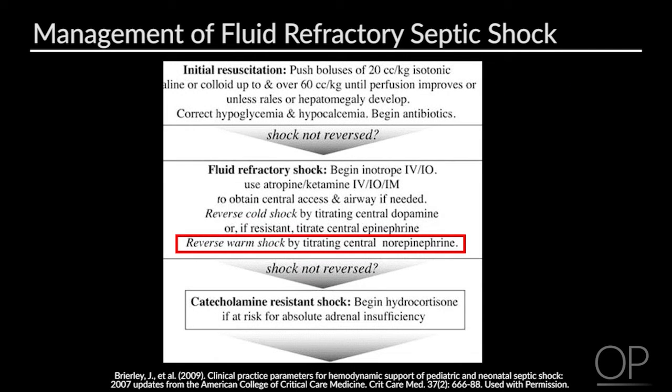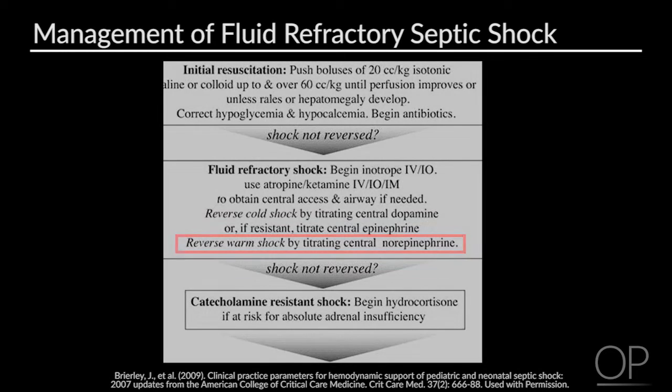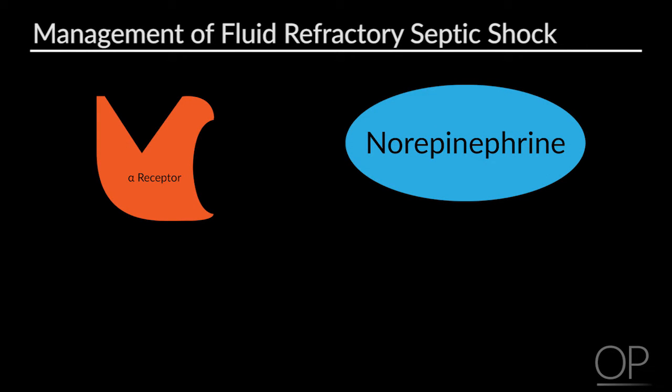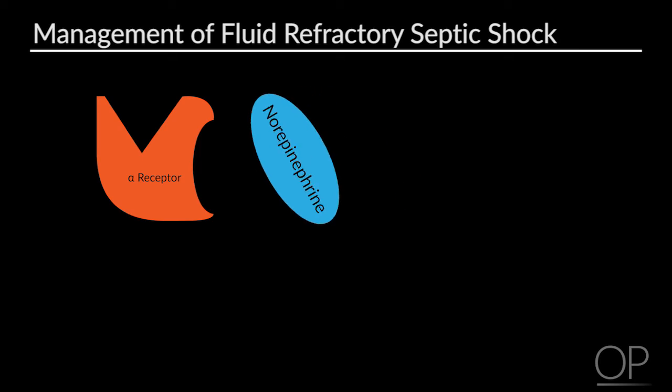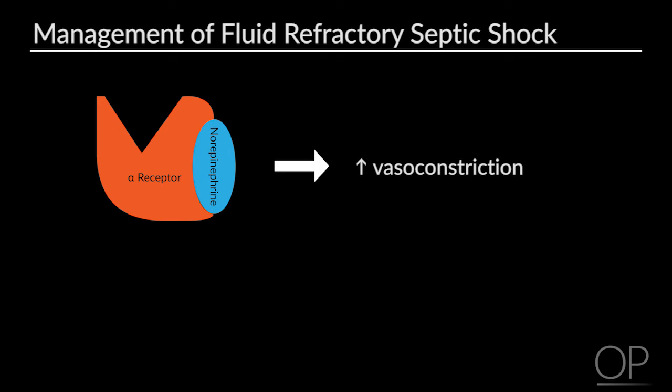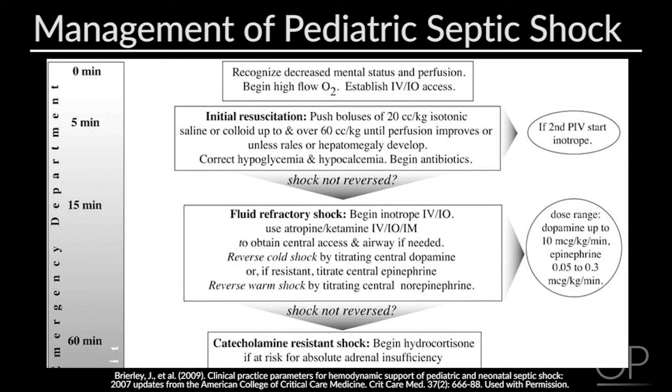Norepinephrine you would select for a patient who has warm shock or vasodilatory shock. And again, as opposed to epinephrine, norepinephrine is going to have its peripheral effects through alpha receptors and cause vasoconstriction. Again, the goals of the titration of therapies are to normalize cardiac function and vascular tone.